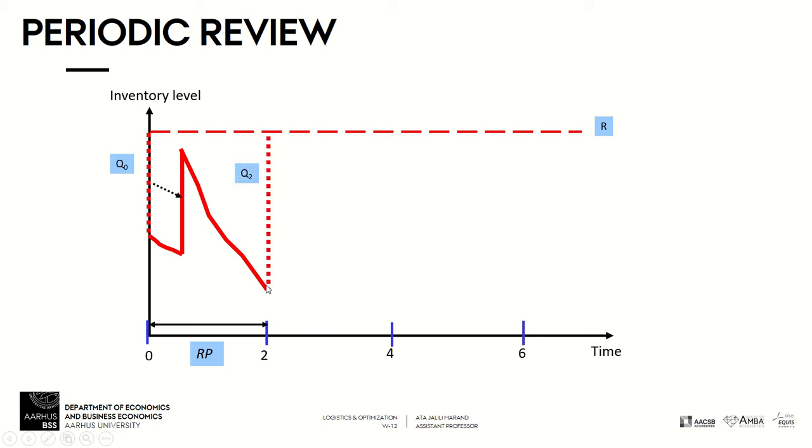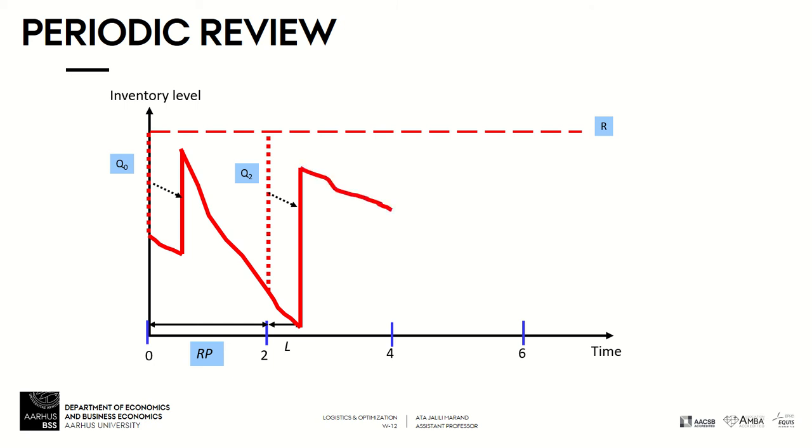This is called Q2. L units of time pass, this is the lead time, inventory level decreases, and I will receive the order that I have made previously.